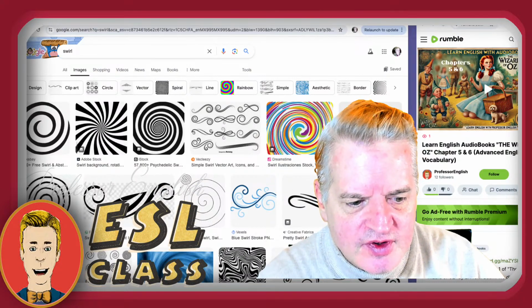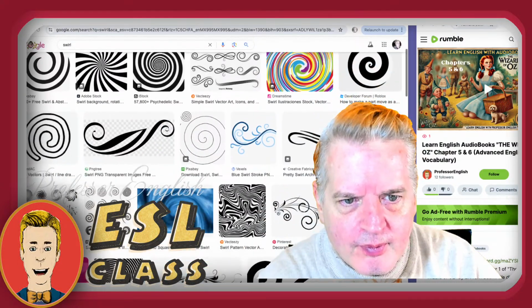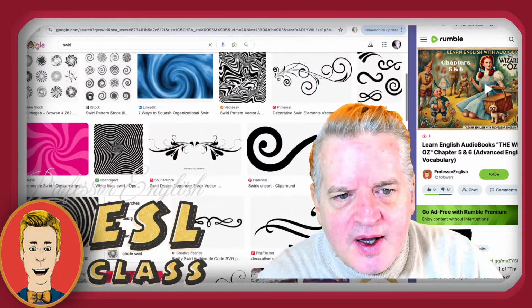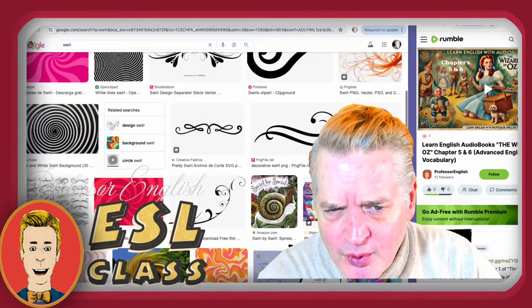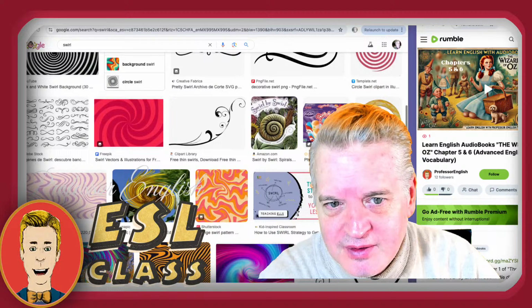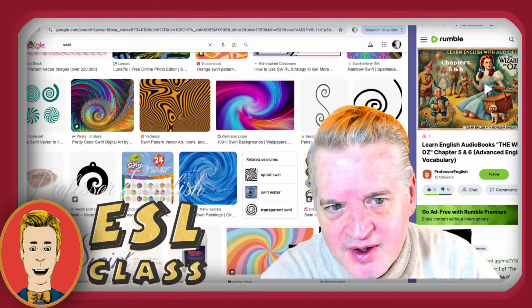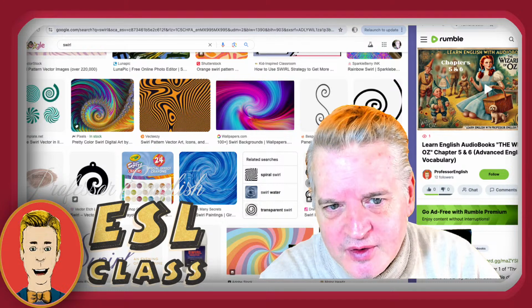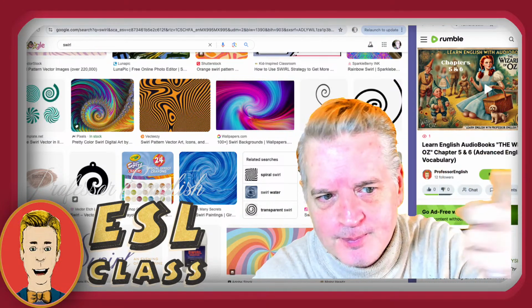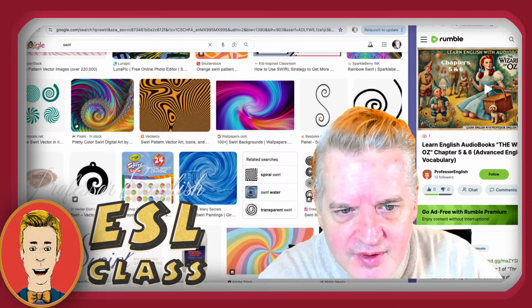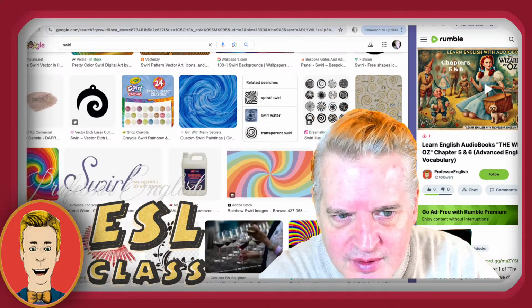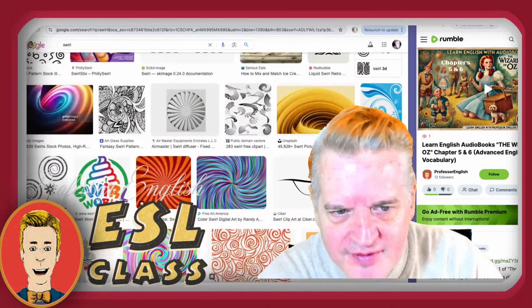So when you see a swirl, it could be a little bit less organized than a whirl. Or maybe not, but if you want to use the word swirl, it's more of a less organized movement, if that makes any sense.